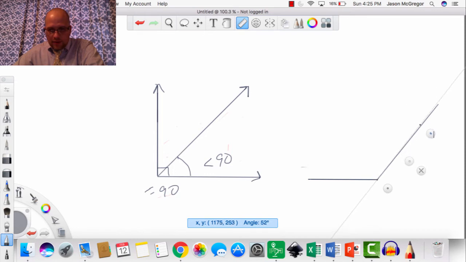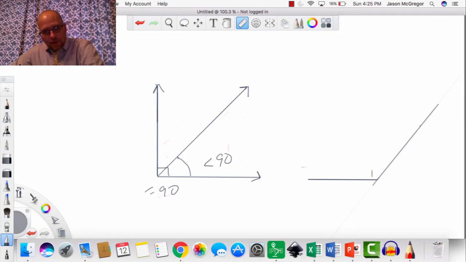Turn off my ruler and I can draw you the little arc that shows the angle is an obtuse angle, and it is almost 120 degrees. Maybe actually a little more than 120 degrees, the way I drew that. So that's 120 degrees, and that is more than 90.